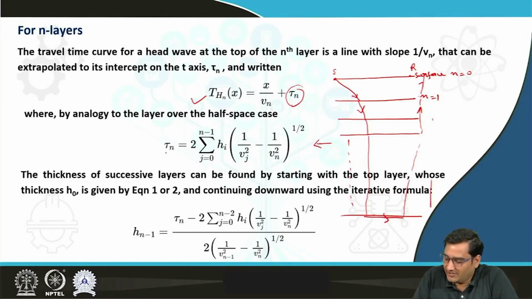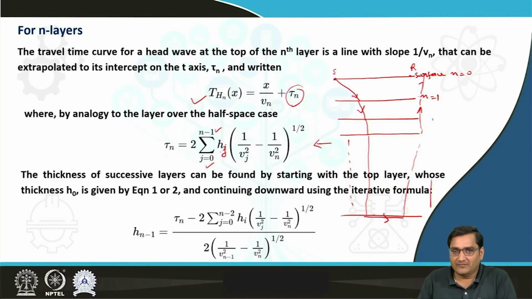So tau n will be equal to the sum over j from 0 to n minus 1 of hj, the thickness of the jth layer, times the square root of 1 by Vj squared minus 1 by Vn squared.